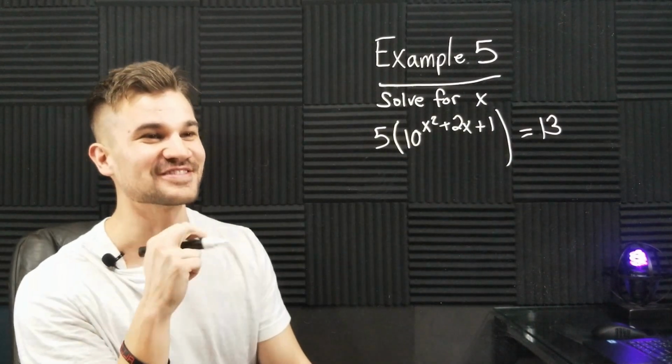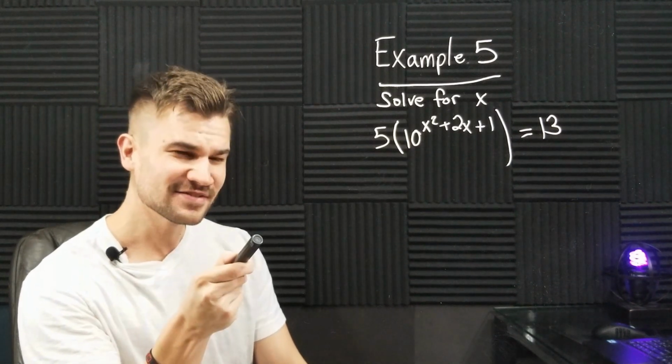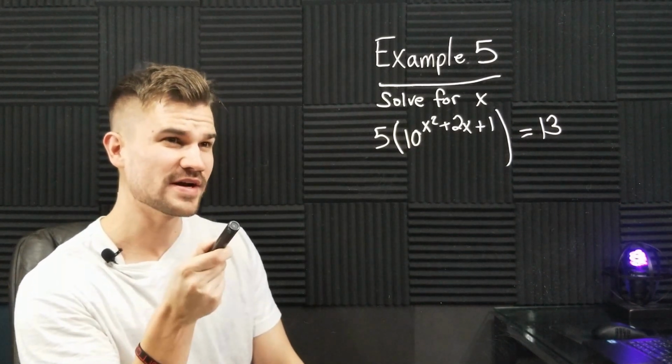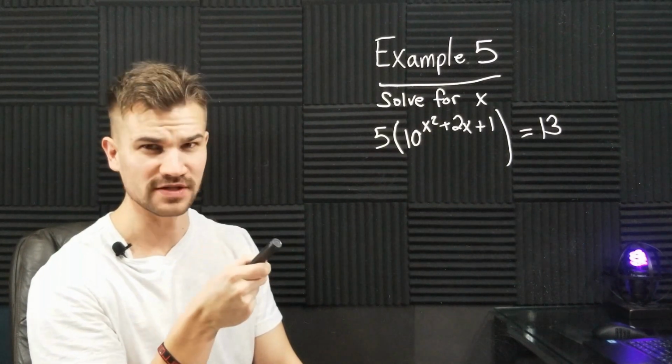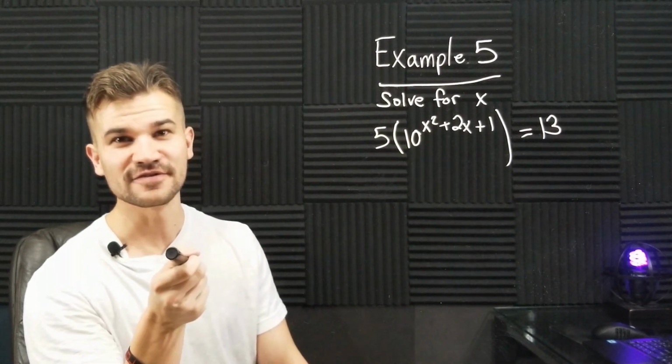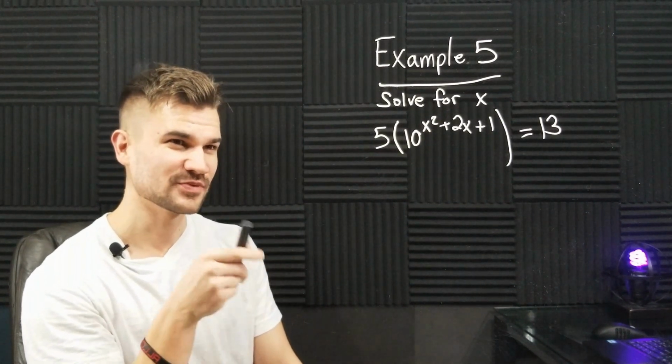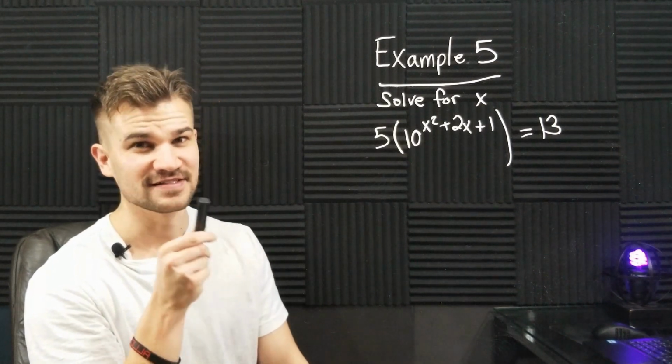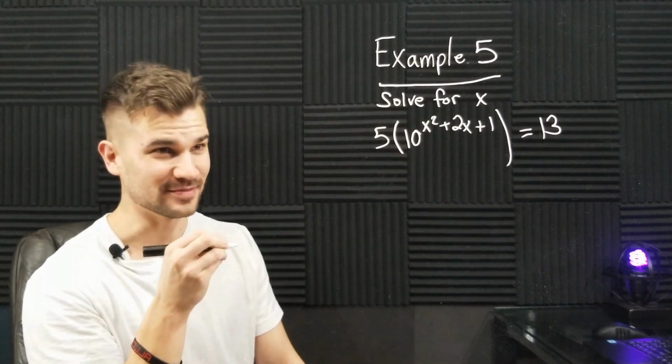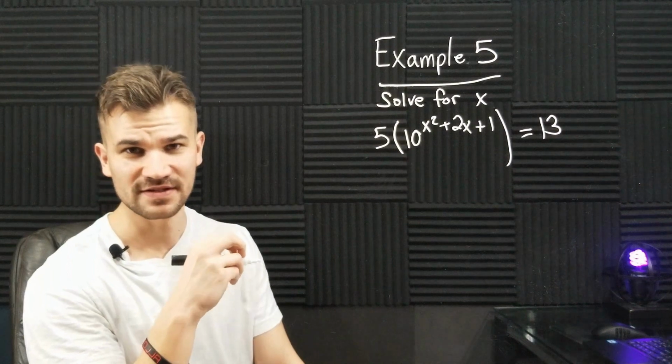Look at this monster. 10 to the power of x squared plus 2x plus 1 times 5 equals 13. So we have a quadratic as an exponent. Well, I'll be damned. How on earth are we going to handle that?